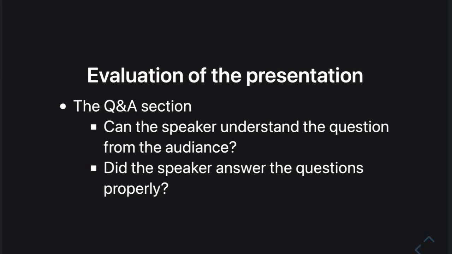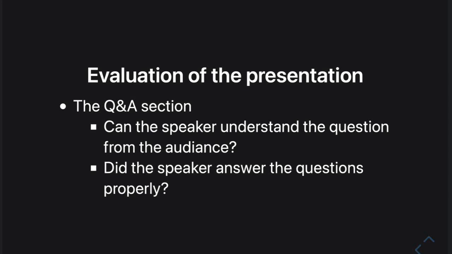Sometimes the audience might not understand what you are saying, so the question they are asking is not really on target. The little tip is that, as a speaker, you can ask the audience member who has the question to explain what they are really asking about. That usually will be helpful so that your answer will be right on the target.